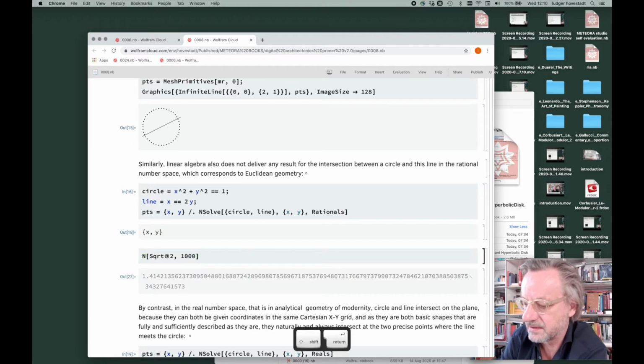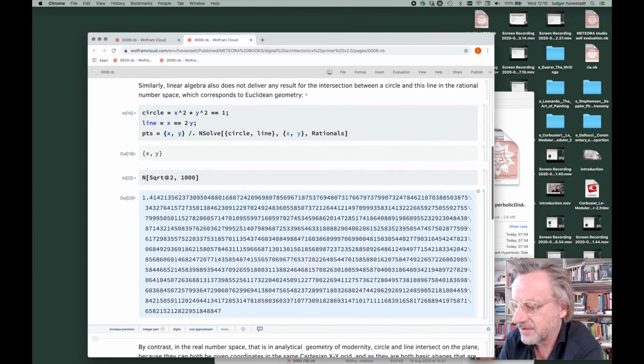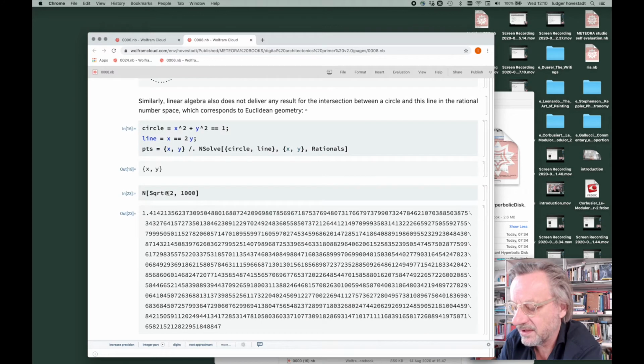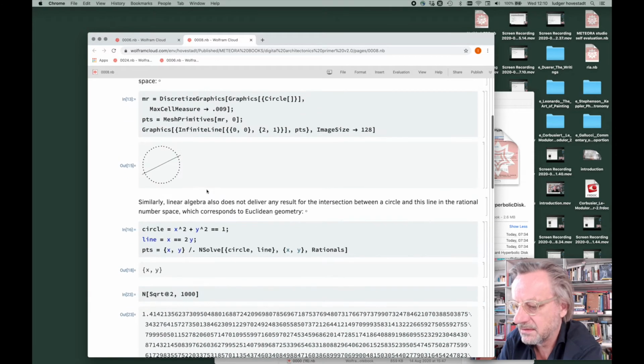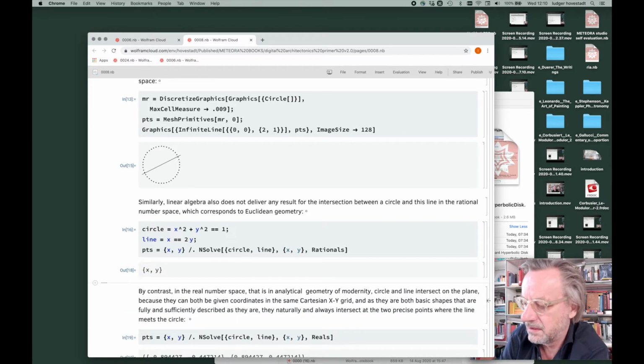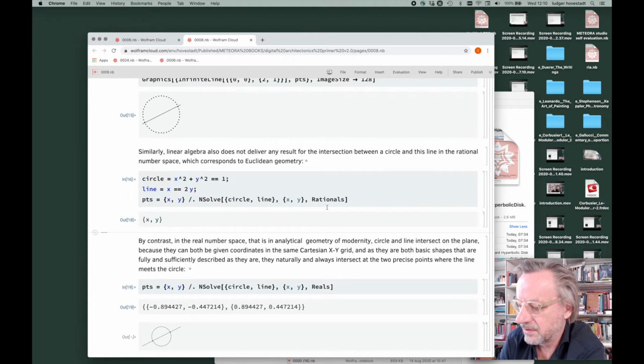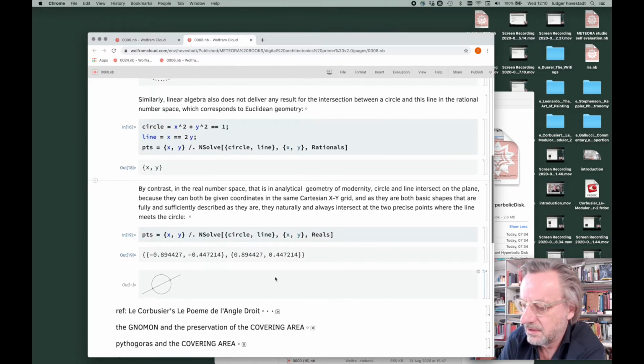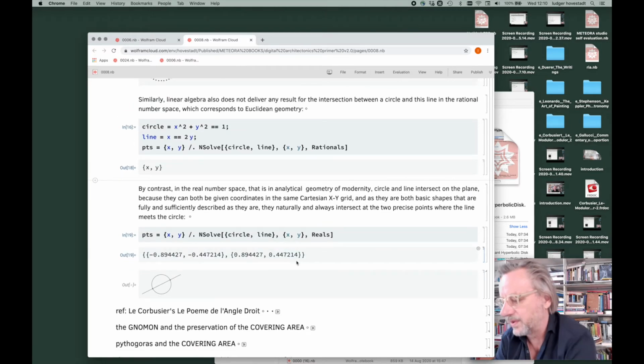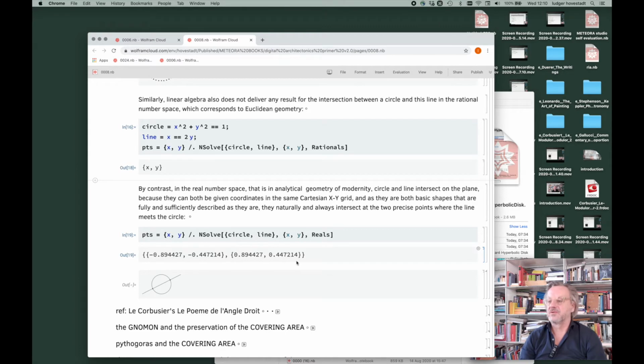You can go to any resolution and you never will meet this point, and therefore there's no solution here. If you go to the number space of modernity from 1500 on, we can work with it because we have a new scale of our world.